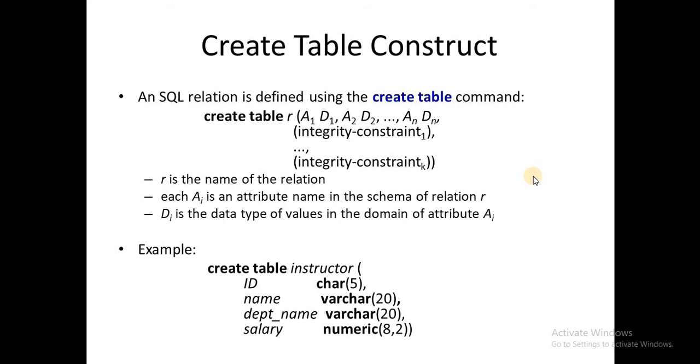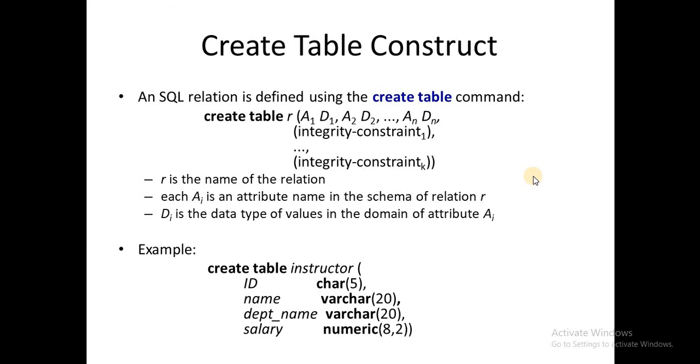It should be a comma separated list. Usually that list will have the names of the attributes and corresponding data types. So this is the syntax for the create table command.